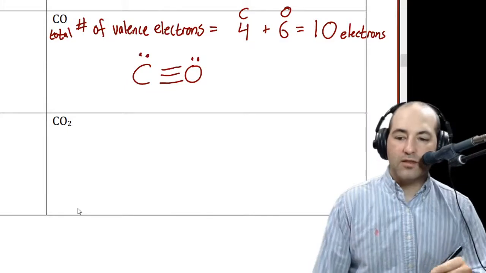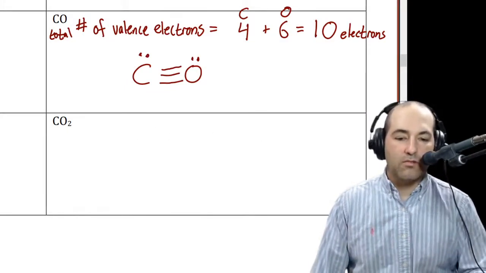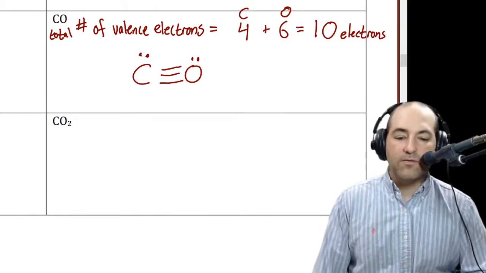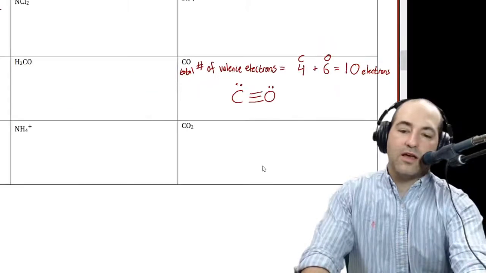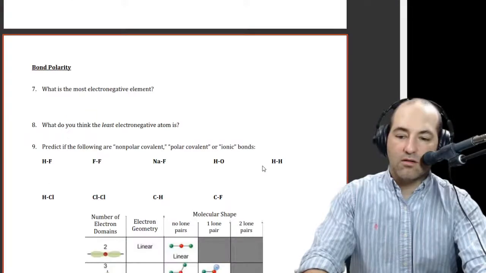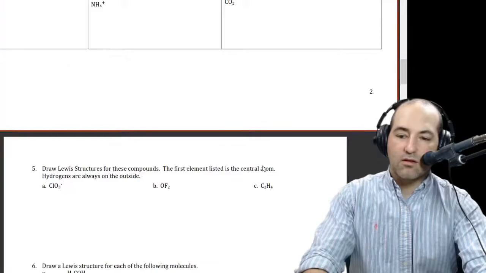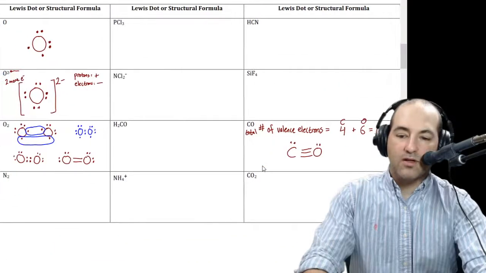All right, let's look at CO2. So I want, oh yeah, good question. Daisy says, what if we have H and Be? So yes, it's true. There are atoms that don't quite fit these rules. In this class, we are definitely going to see hydrogen.